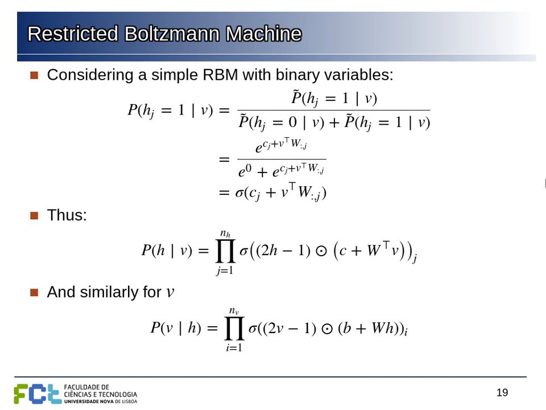This is a sigmoid function. So in this particular case, with these binary variables, the probability of this particular hidden variable being 1 is given by the sigmoid function applied to that energy term.